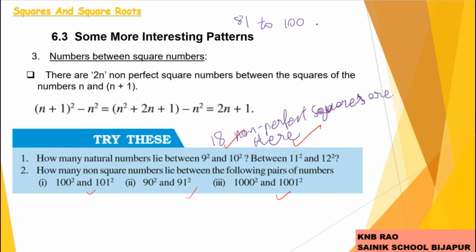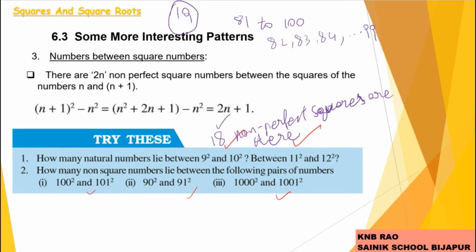You can check: 82, 83, 84 and so on up to 99. Or the other way is 100 minus 81. 100 minus 81 gives 19. That means there are 18 numbers between them. That's how we could say it also.